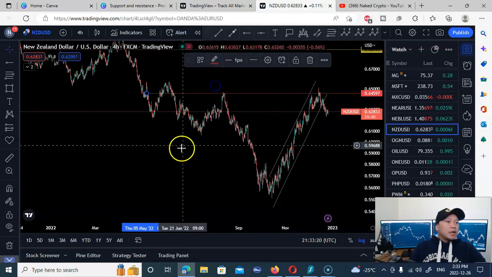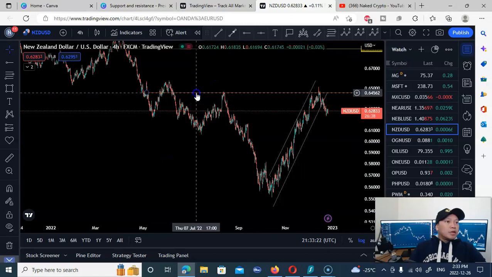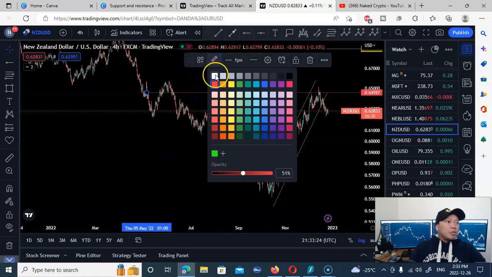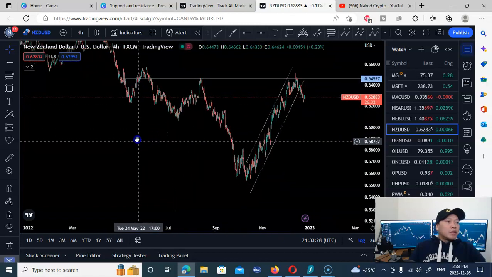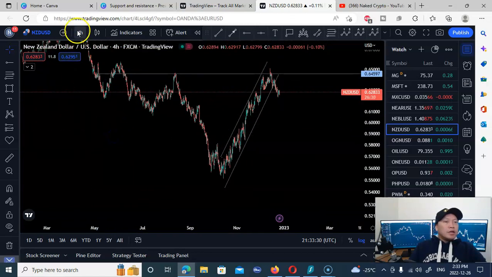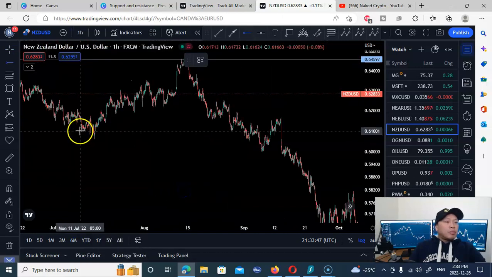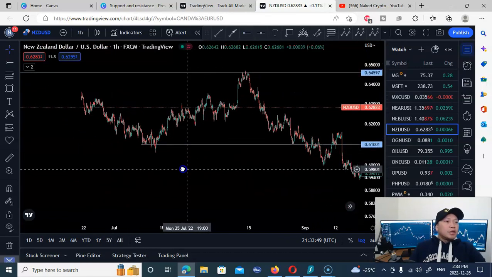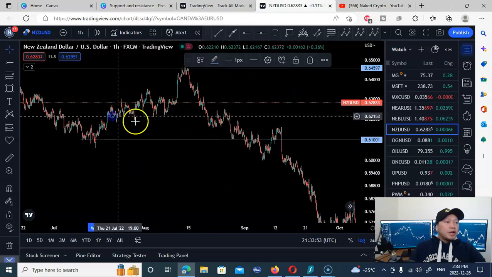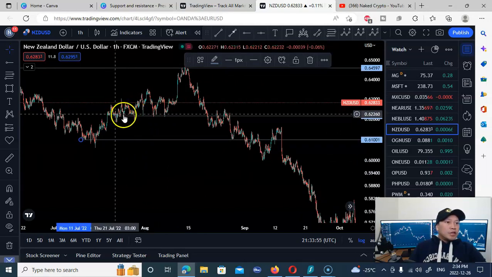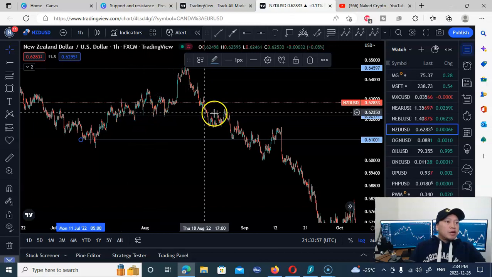Let's say red, or not too great. Maybe a light blue kind of thing. And if you want to go to the 1 hour chart, probably the price reacted on this area, price also reacted on this area. Look at that, lots of bounces in this area.